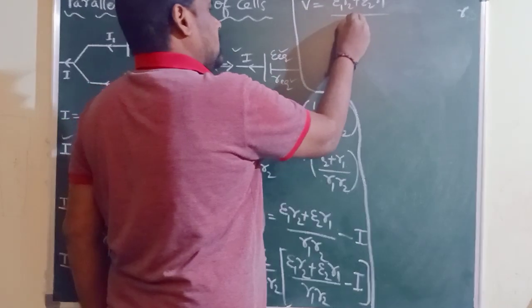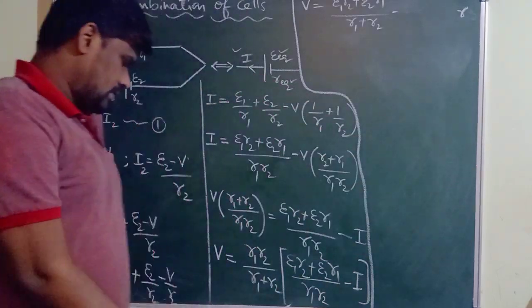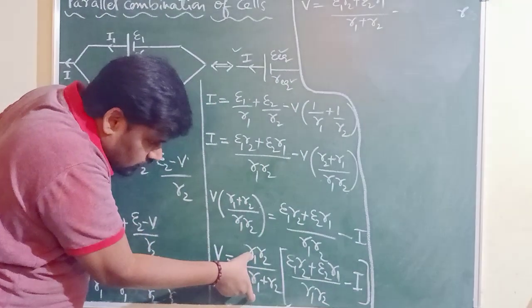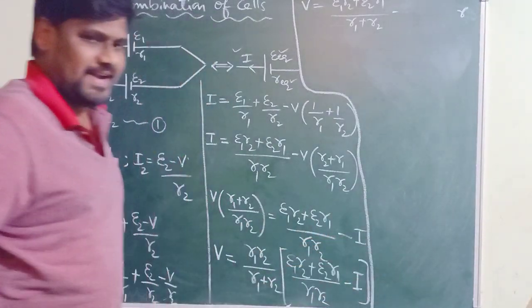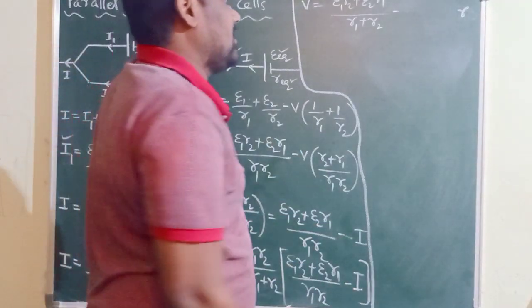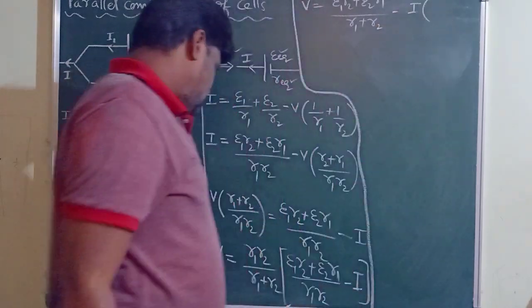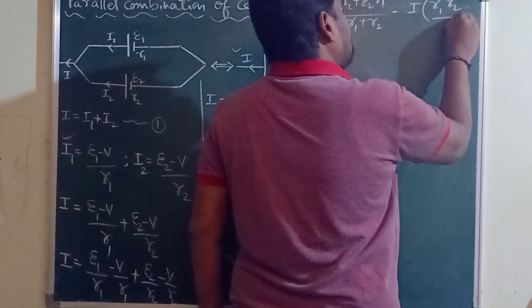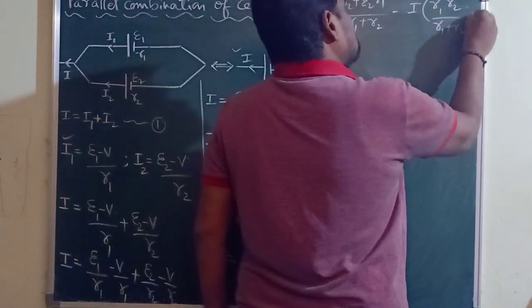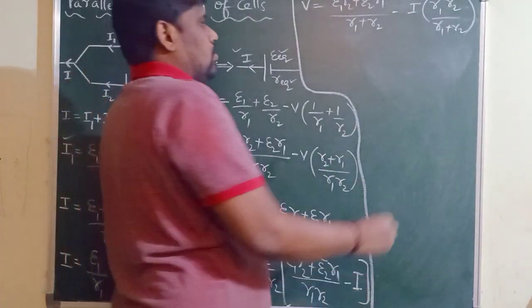Therefore I am left with R1 plus R2, minus. This term is not only related to the first term inside the bracket, it is also related to the second term. It should be multiplied with the second term. What is the second term here? I multiplied by R1 R2 divided by R1 plus R2. You can call this equation number 2 now.